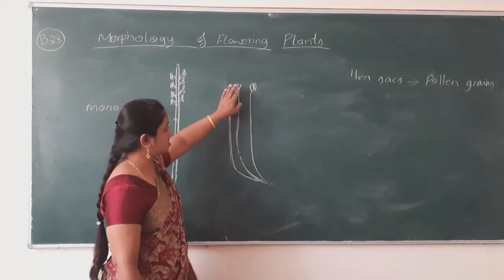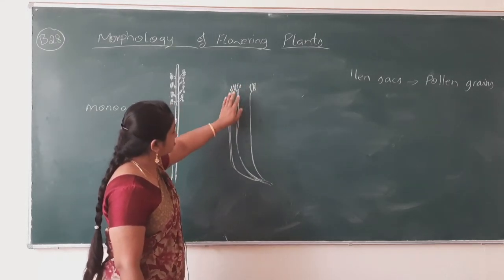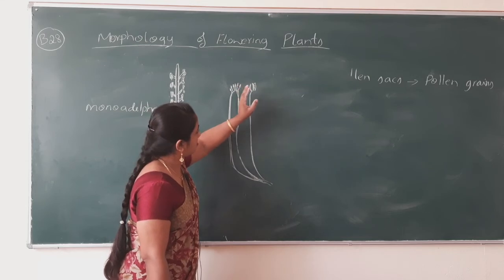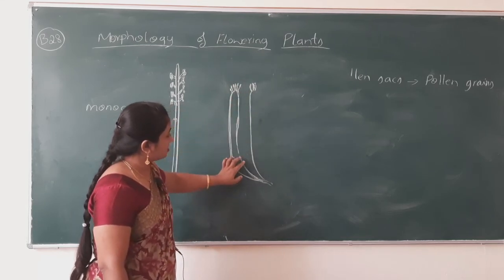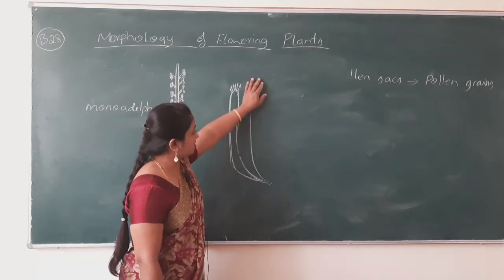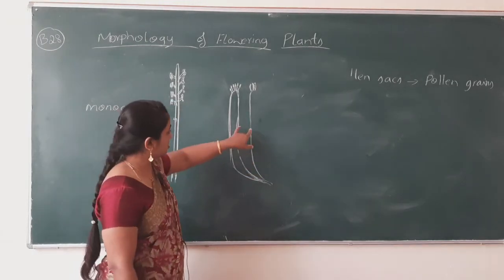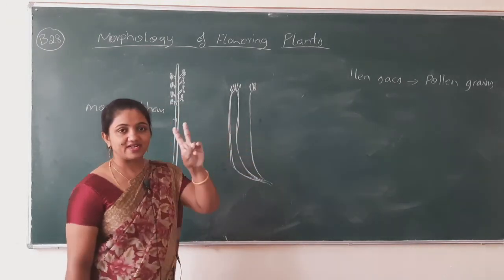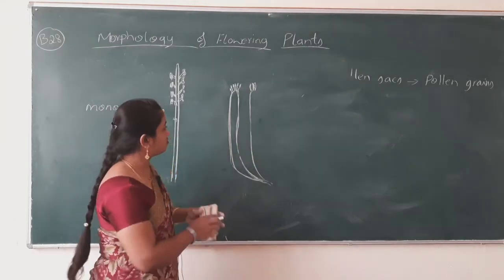So it appears like half of the stamens are present in this bundle and the leftover stamens are present in one more bundle, so that it appears to have two bundles.